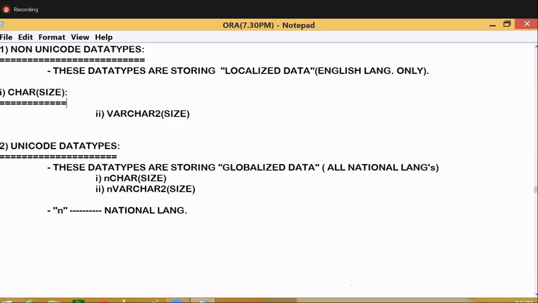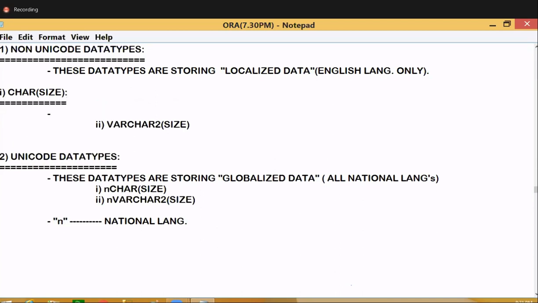The char data type, simply we call it a fixed length data type. Fixed length means it is static.